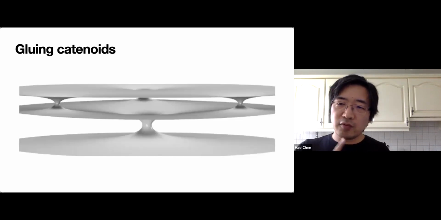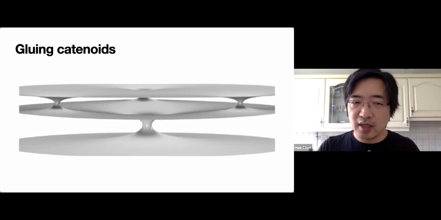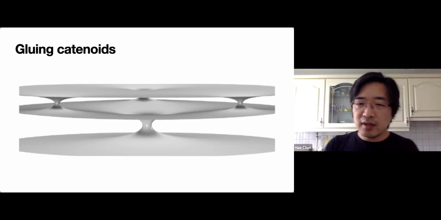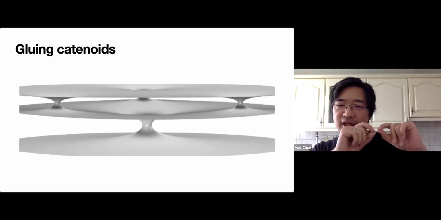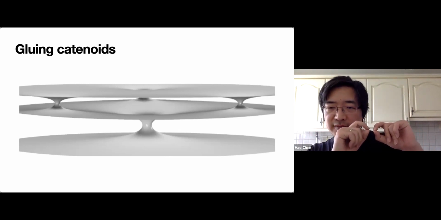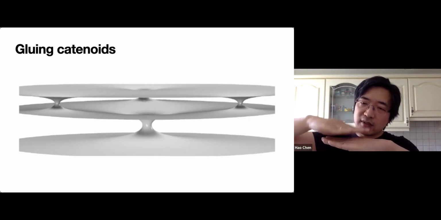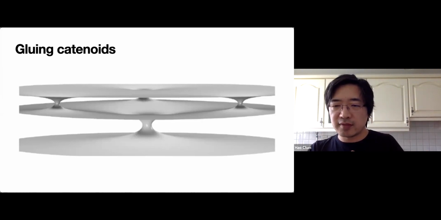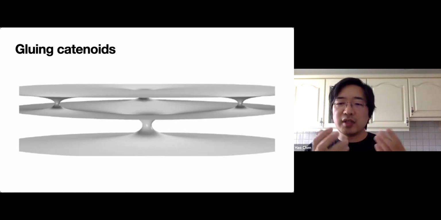So here is what we would expect by gluing catenoids. These surfaces, if you look from far, far away, look like horizontal planes connected by very, very tiny catenoid necks. And when the planes are placed infinitesimally close, the catenoids will degenerate to singular points, and the minimal surface becomes a noded surface.